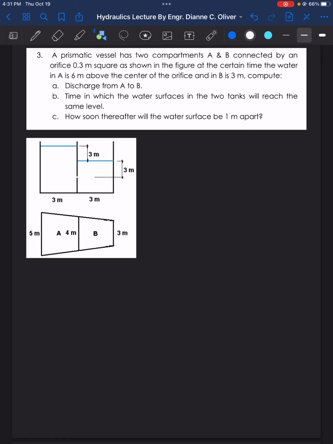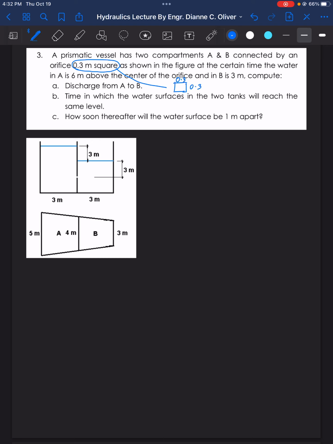Okay. Now here is something tricky about this problem. It's about the orifice. The orifice is described as 0.3 meter square. It's so easy to mistake this for the area. But actually, this 0.3 meter square means that the orifice has a square opening of 0.3 by 0.3 meter sides.